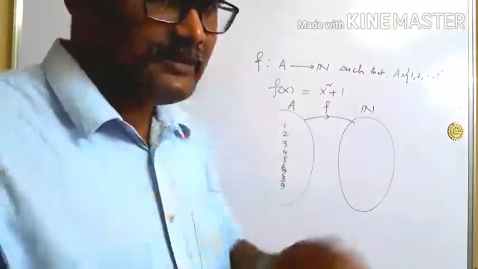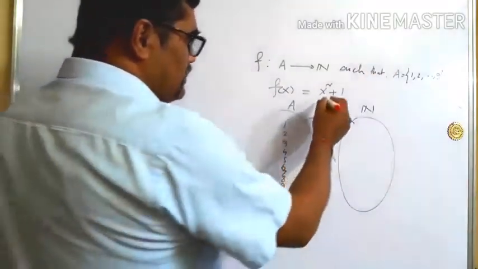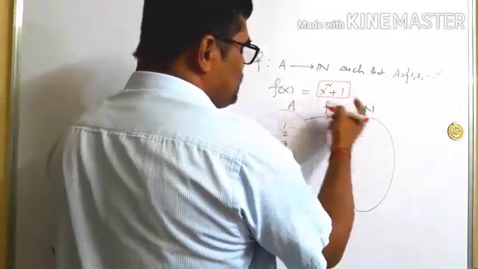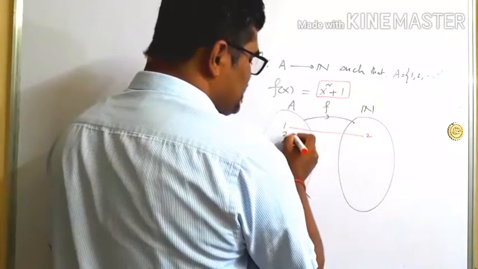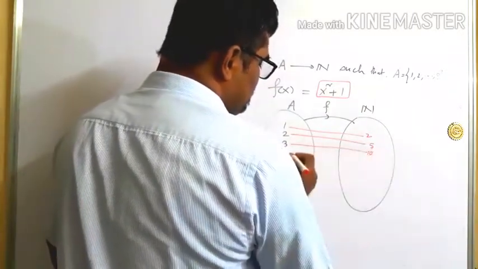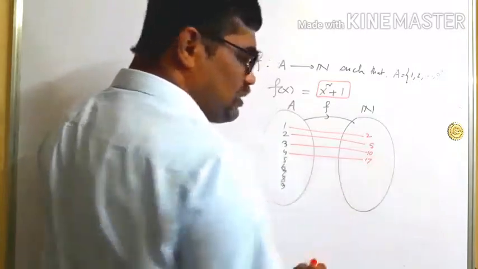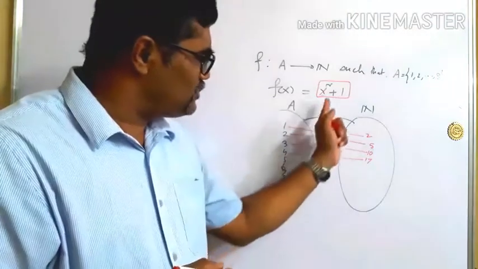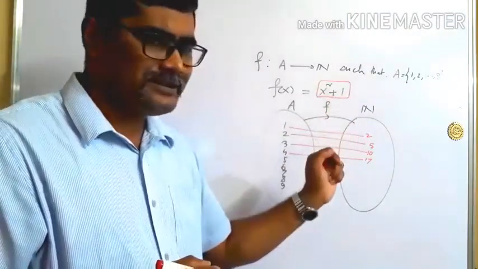So just following these particular rules, you find 1 will be related to whom? 1 square plus 1, 2. 2 will be related to 5. 3 will be related to 10. 4 will be related to 17. How did I get it so quickly? You can also get it. If I put 4 here, 4 square plus 1, 17, right?